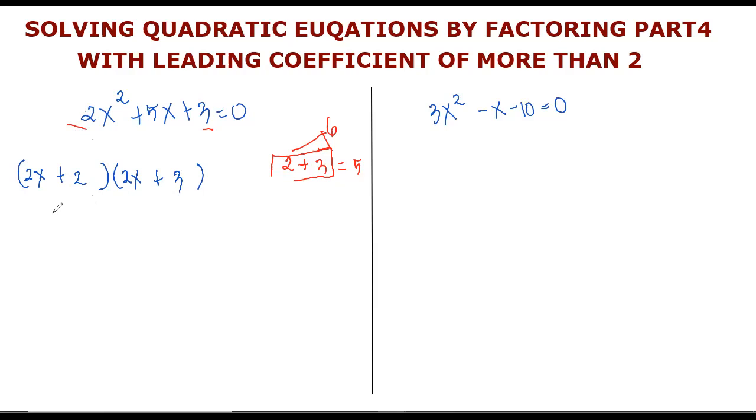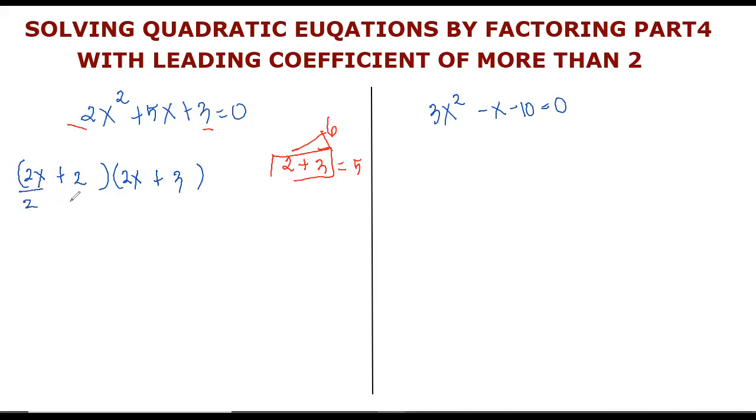How do we simplify? In the term 2x plus 2, we check if they have a common factor. Yes, they have a common factor, which is 2. So we can divide by 2.